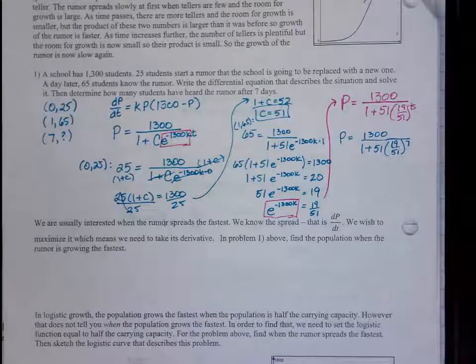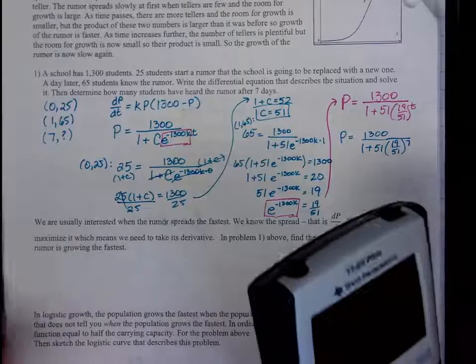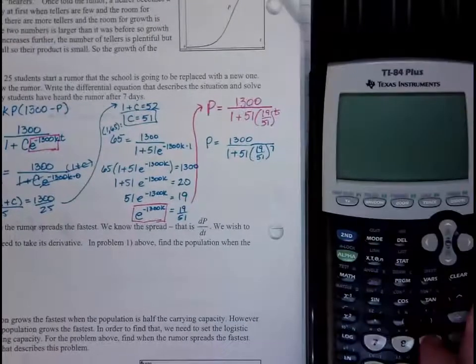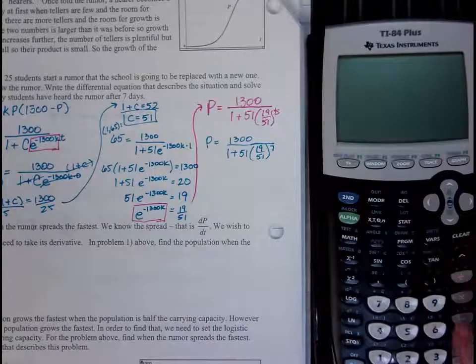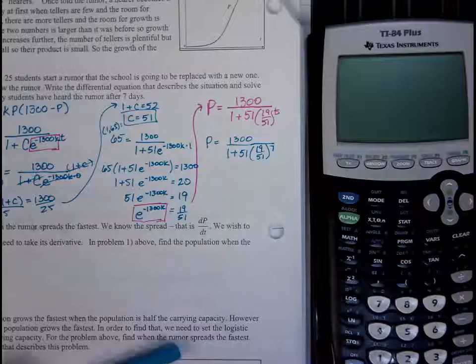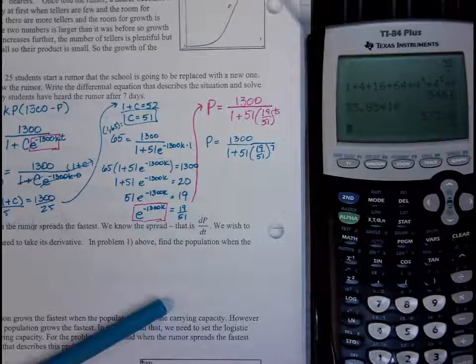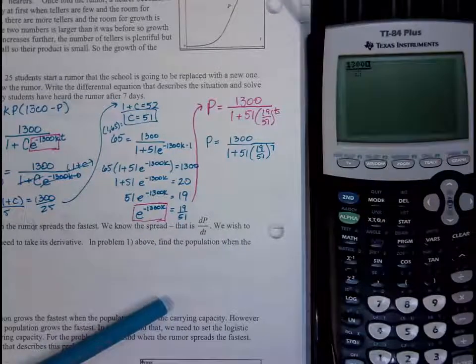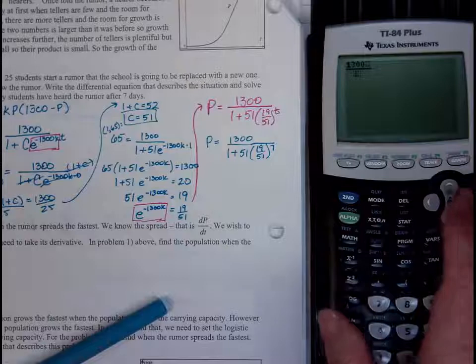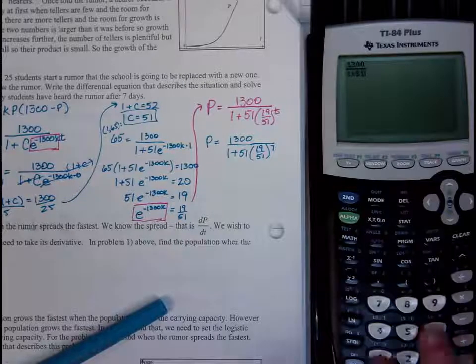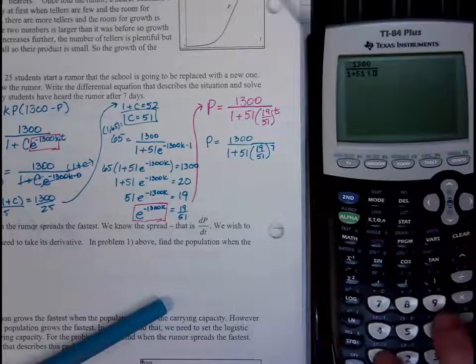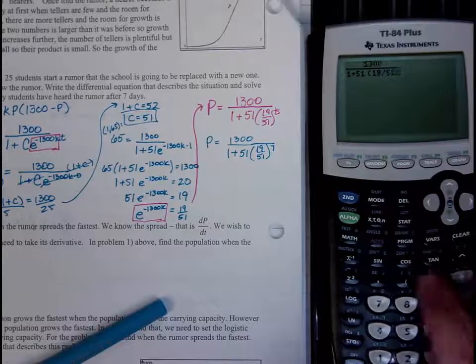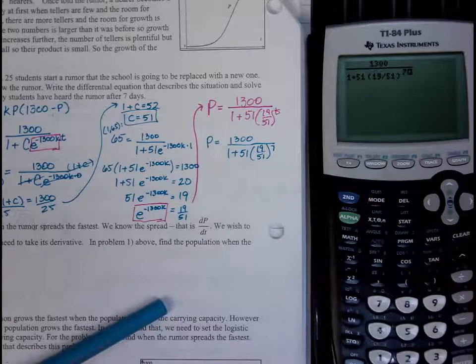And that is going into the calculator. So I'm going to scoot this over so I have room for my calculator. I would suggest you use the fraction bar. Y'all remember how to get it? Yeah. Alpha y equals an enter. 1300 on top over 1 plus 51 parentheses 19 divided by 51 to the power of 7.